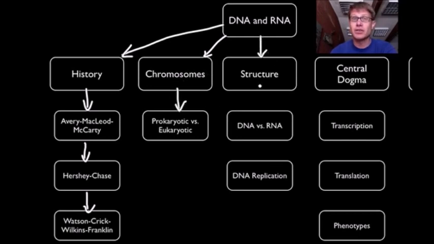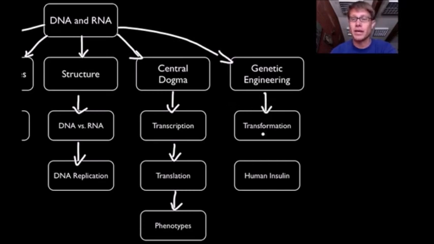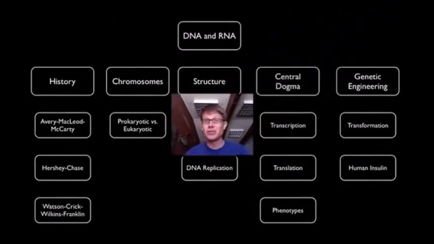We'll talk about the structure of DNA and RNA, mostly how they're different, and then how DNA makes copies of itself. We'll then discuss the central dogma, how DNA is transferred through transcription into RNA, which is then translated into proteins, which then makes you. And then finally, we're going to talk about this brave frontier of genetic engineering and how we can do things like transform bacteria to make important things, especially for diabetics, like human insulin. And so that's a lot to do, so we got to get started.